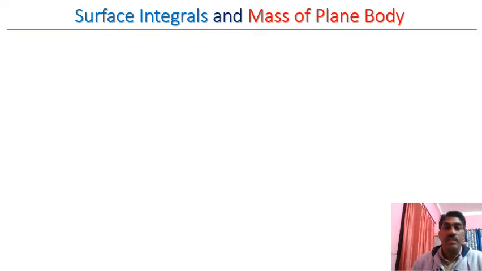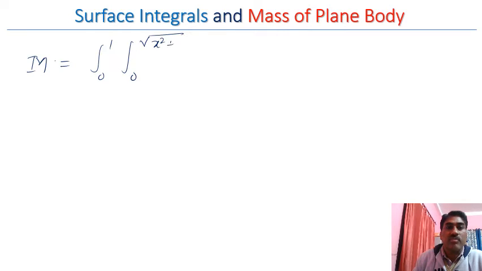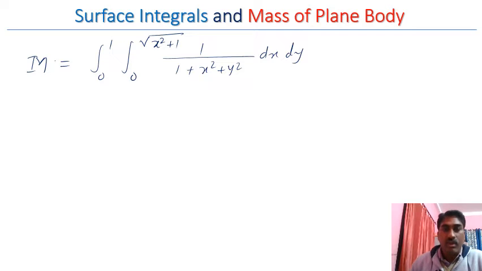Now we have reached an integral of the form m, so m is equal to the integral from 0 to 1, the integral from 0 to square root of x square plus 1, of 1 by 1 plus x square plus y square dx dy. Now we will integrate with respect to y first.